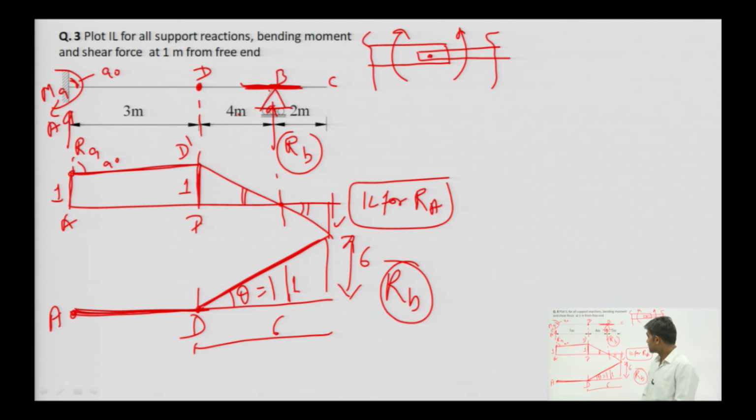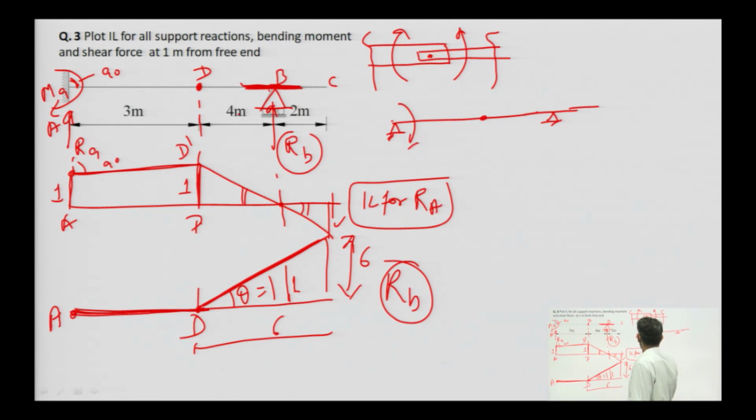Similarly, for bending moment MA, we can plot what will be by providing hinge over here. So, what we will get? We will get this one, okay, internal hinge, and this is free by providing this.